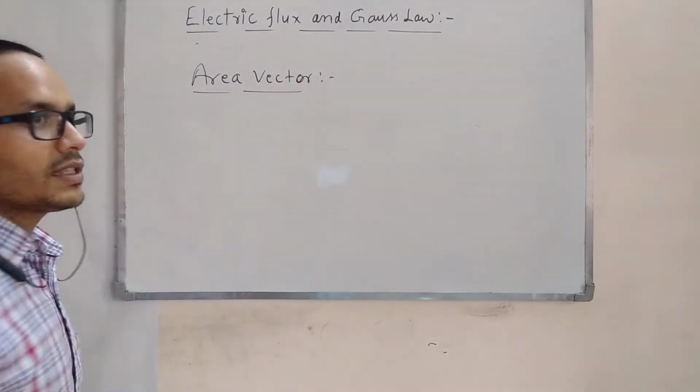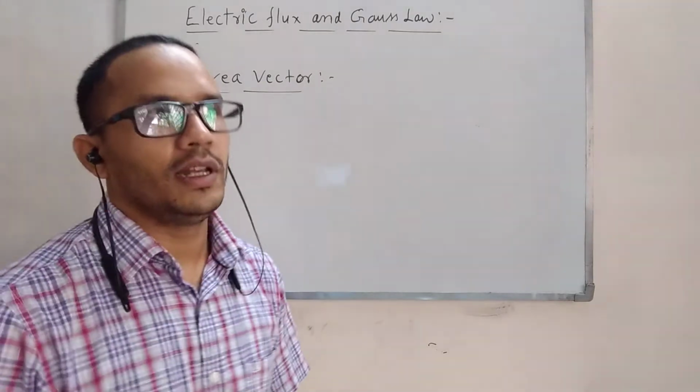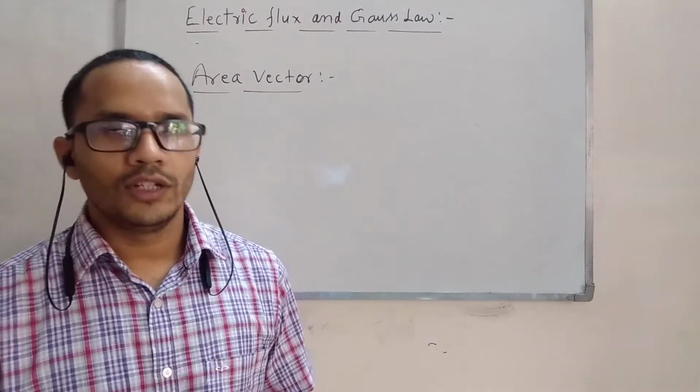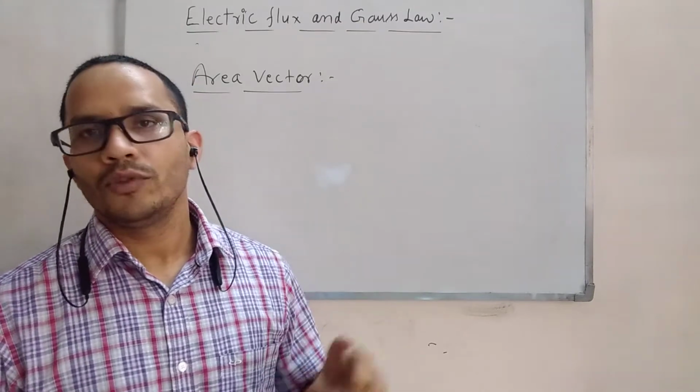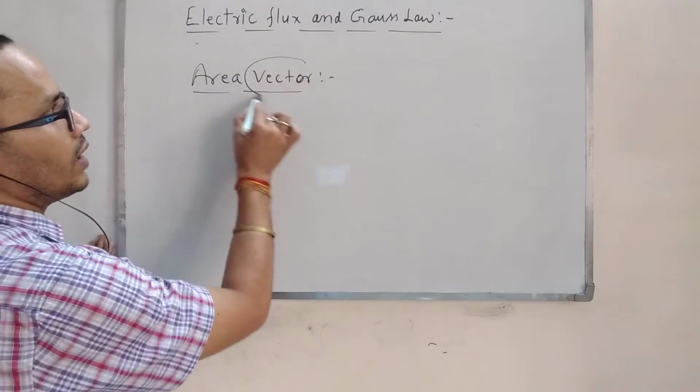In previous classes, you have calculated the area of many figures, for example the area of a square, a parallelogram, and a rectangle. At that time you calculated only the magnitude, but area is a vector quantity.